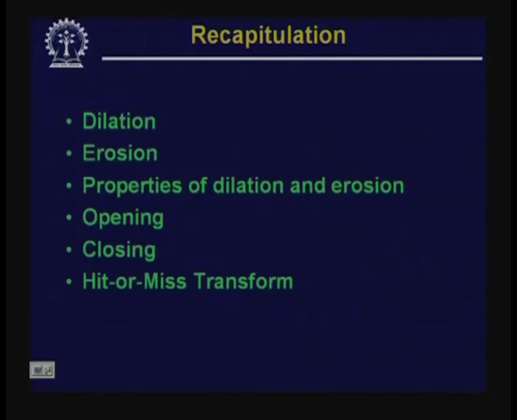illustrated the dilation operation. If I have a binary image, and within the object region I have some pixels which are treated as background, this may happen because of the presence of noise.